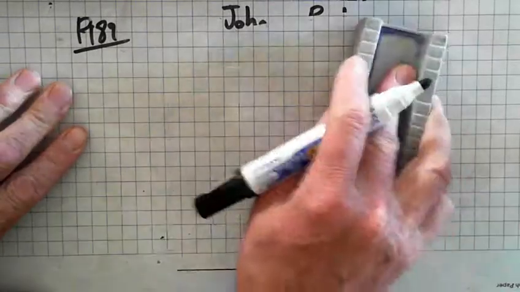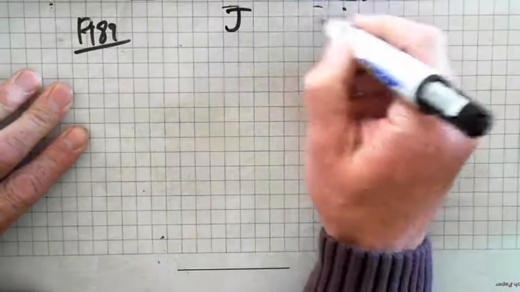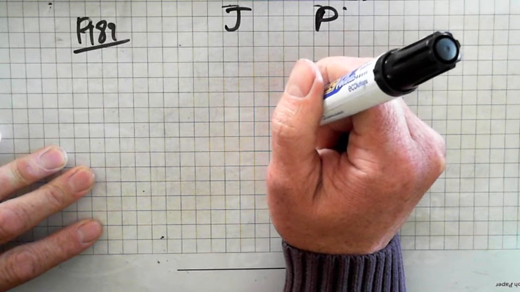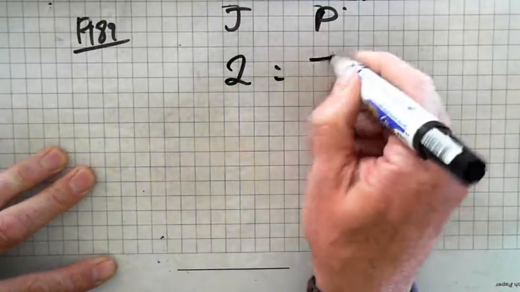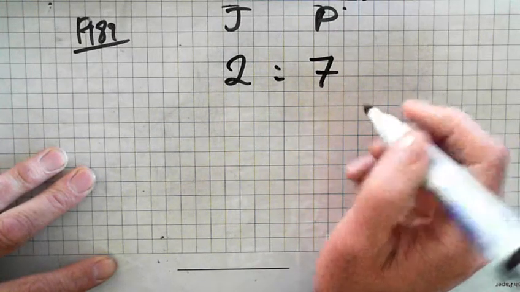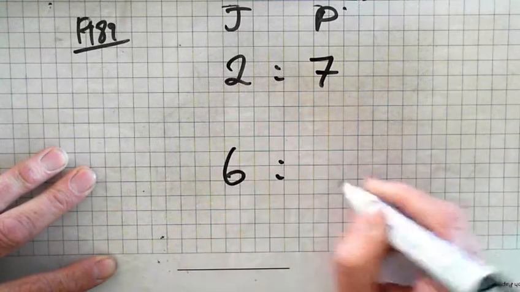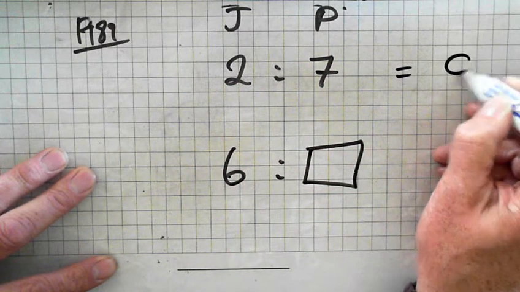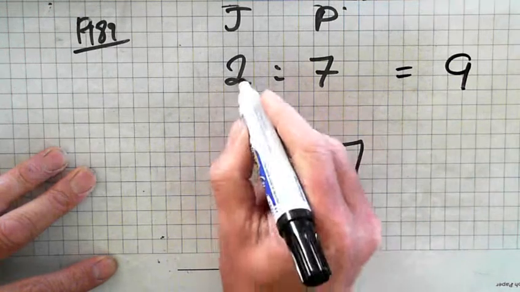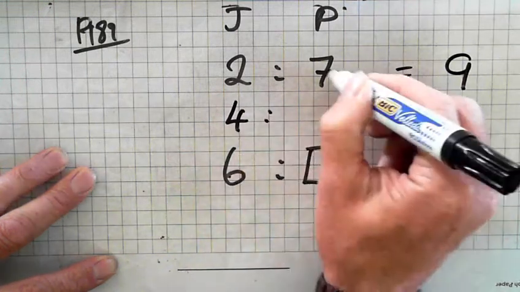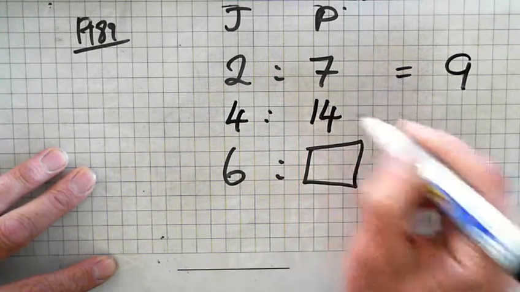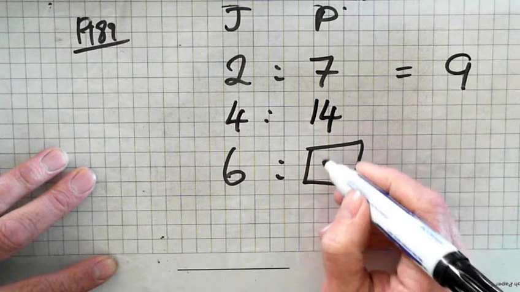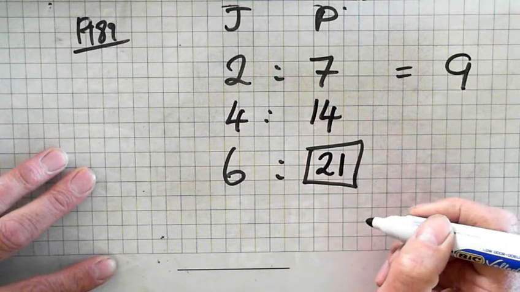If I took another example, say when you do number 9, if I take another one, 2 to 7 is the same as 4 to 14. 6 is to what? So 2 and 7, first of all, adds up to give you 9. So I'm going to add another 2, 6, and I'm going to add another 7. Alright, now I add another 2 to get to 6. Add another 7, I get to 21.